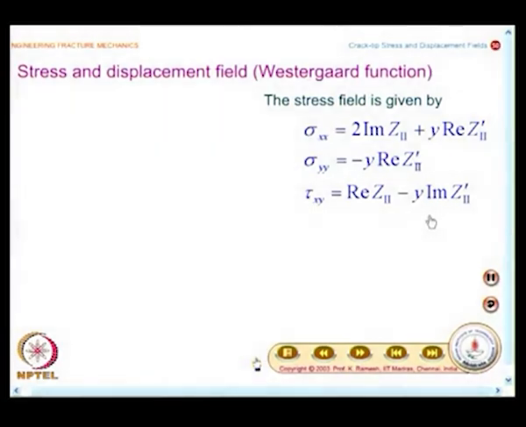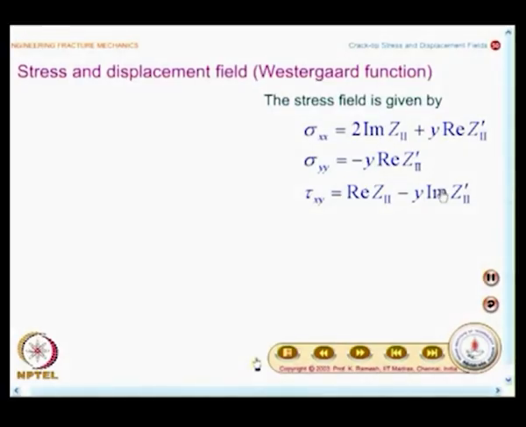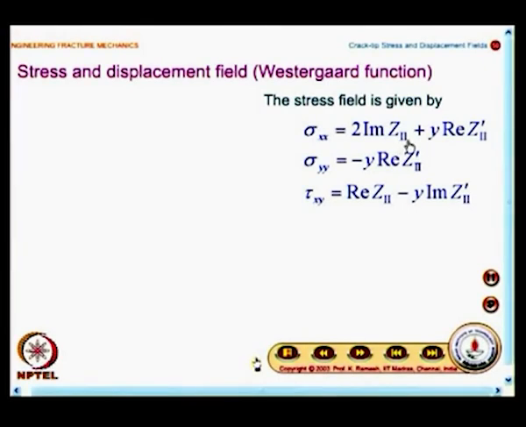So, now we have a choice whether we want to look at the stress field or displacement field with crack center as the origin or crack tip as the origin, depending on the way I express the stress function. When you express it in this fashion, this is with respect to the center of the crack as the origin.